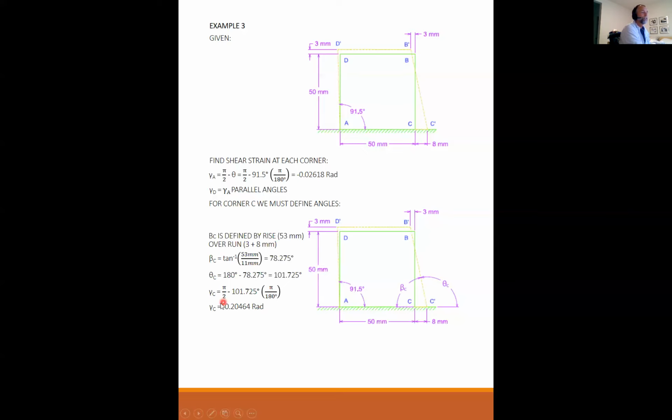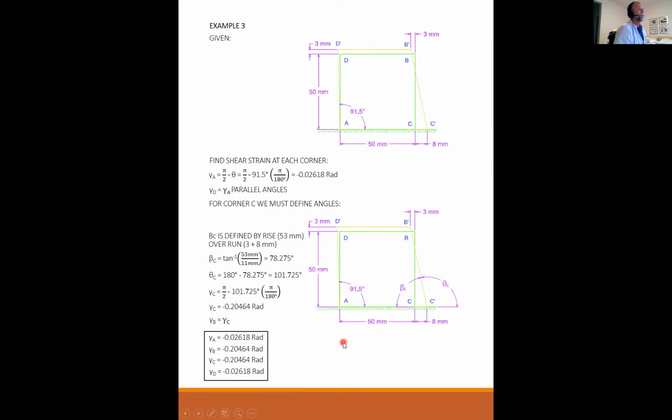So we're just going to call this a negative shear strain. And then lastly, gamma B is equal to gamma C because these two are parallel. So gamma A is minus 0.02618, gamma B minus 0.02464, gamma C minus 0.02464, gamma D minus 0.02618, and I boxed the whole answer.